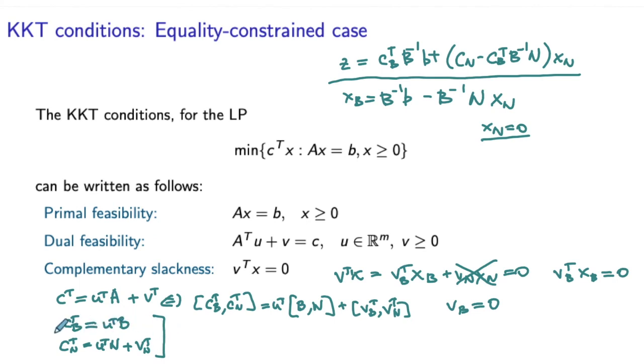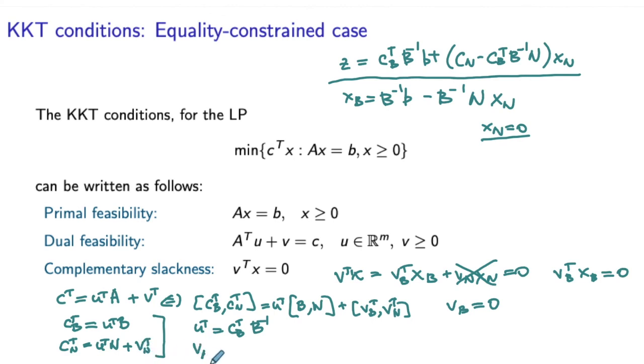We need this system to be satisfied for dual feasibility, and we can compute U transposed from the first equation by multiplying both sides by B inverse from the right. We know that B inverse exists because we are talking about a basic feasible solution here, and we have U transposed equal to CB transposed B inverse. Now we can plug U transposed into the second equation to compute Vn transposed.